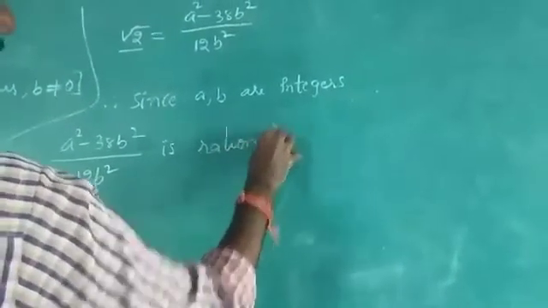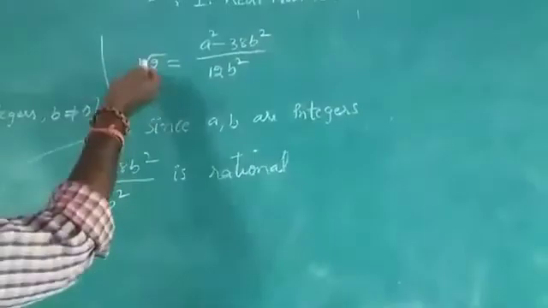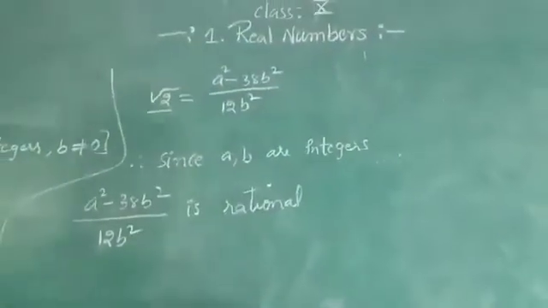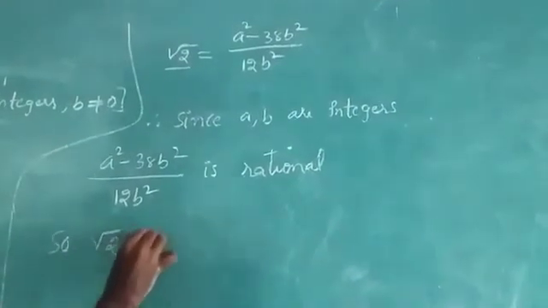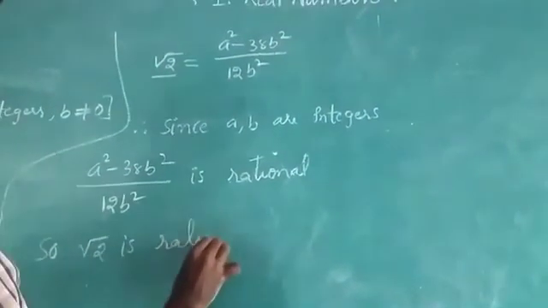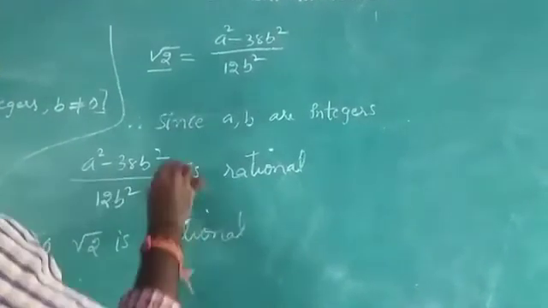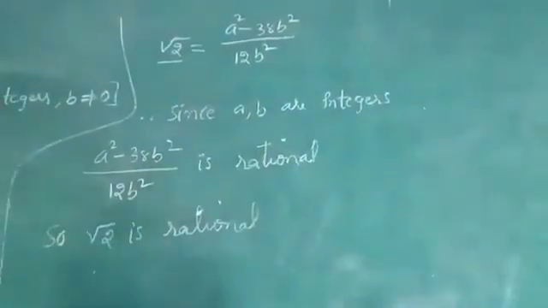We know that. So root 2 is also rational. Yes or not? So root 2 is rational. If it is rational, then it is also rational.